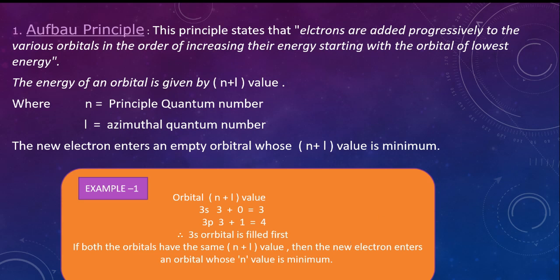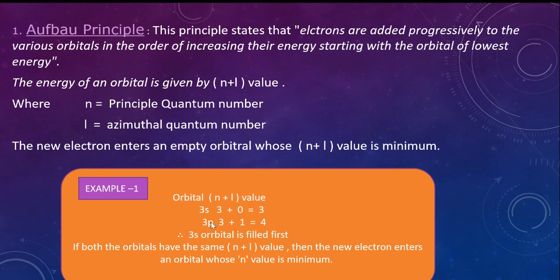For 3s, the n value is 3 and the l value is 0, because we know the l value for s is 0, p is 1, d is 2, and f is 3. So here we have an s orbital, so the l value is 0. When we sum up the n and l values, it comes to 3.